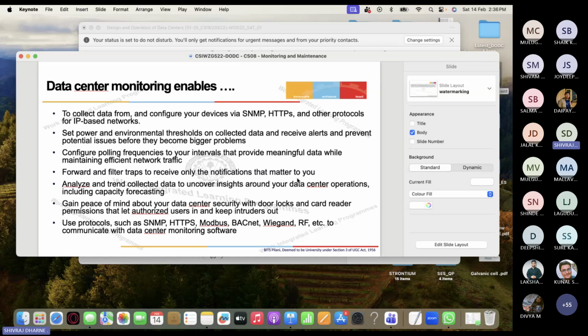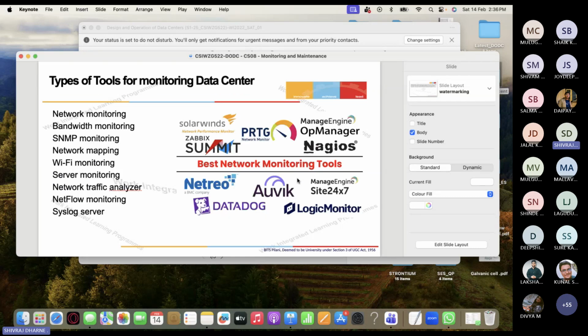You can find more details about each of these protocols, but I just wanted to give you one protocol idea. So what are the types of tools available? This is very important information for you. Various companies build different tools for monitoring data centers. I will give you a very good YouTube video on OpManager, what it is and how to download it.